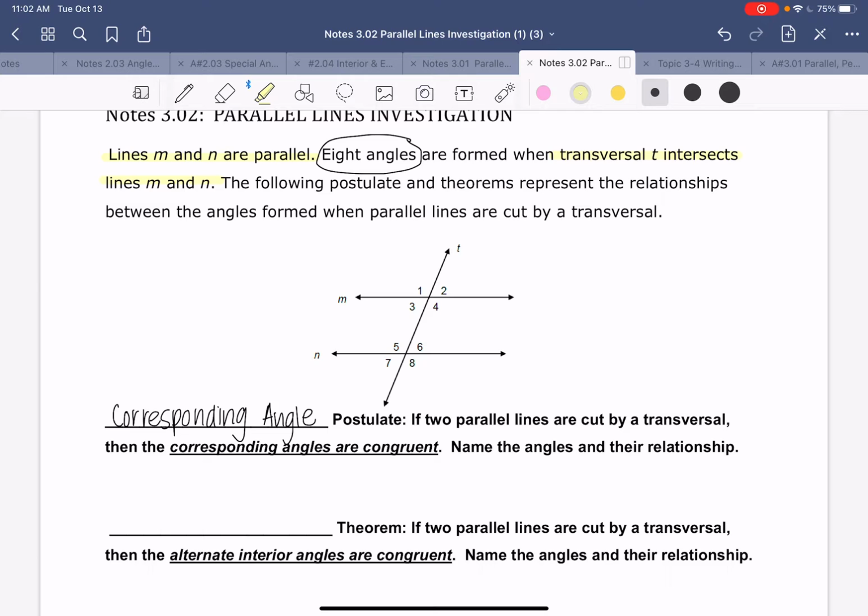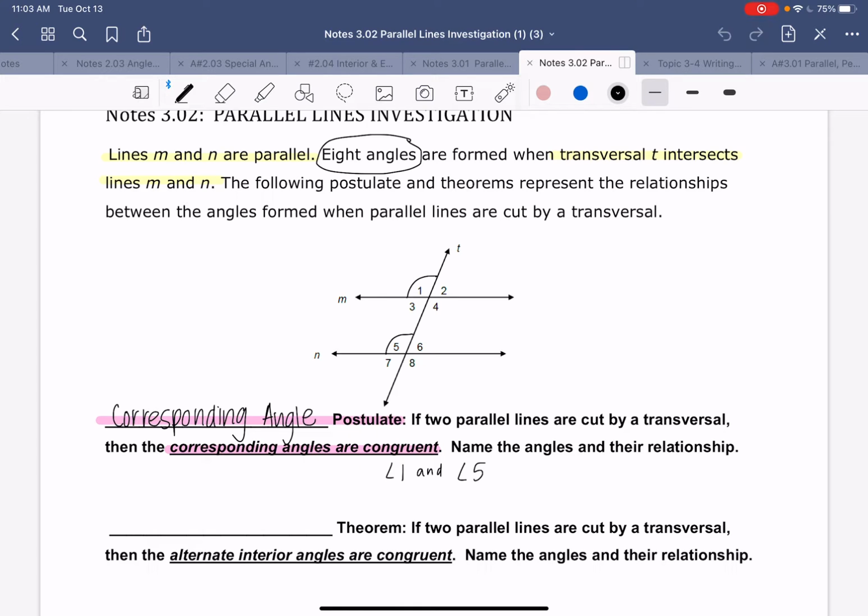It states that if these 2 parallel lines are cut by that transversal, then corresponding angles are always congruent. These corresponding angles are like angle 1 and angle 5.